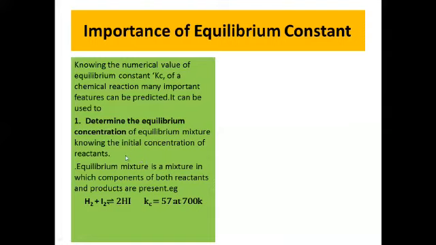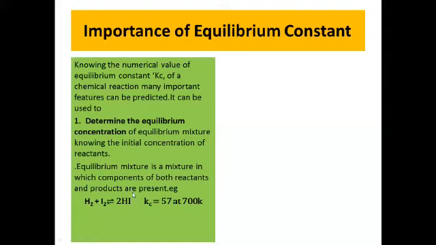If we know the initial concentration of the reactant and the equilibrium constant Kc value, then we can find out the concentration of the product. An equilibrium mixture is a mixture in which both reactants and products are present. You can see hydrogen and iodine are the reactants and they react together to form hydrogen iodide as a product.